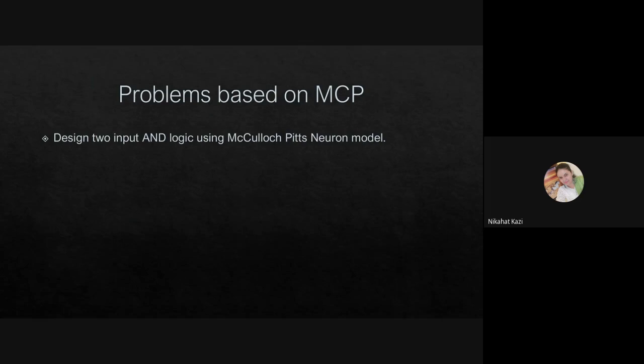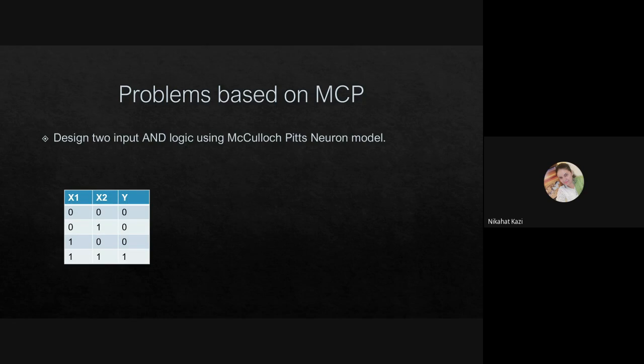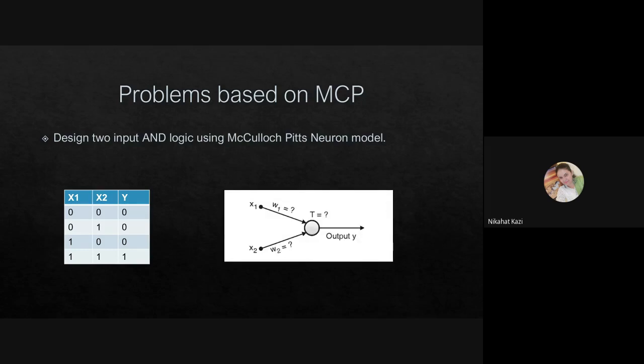So first, let us design a 2 input AND logic gate using the McCulloch-Pitts neuron. This is the truth table, very similar to the bird example that we have seen. So what is the threshold and what are the weights?